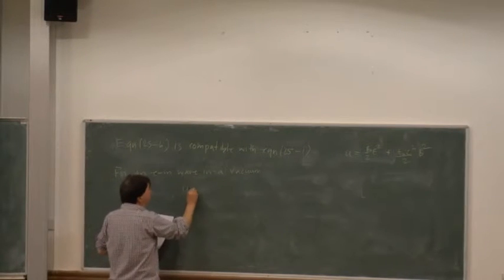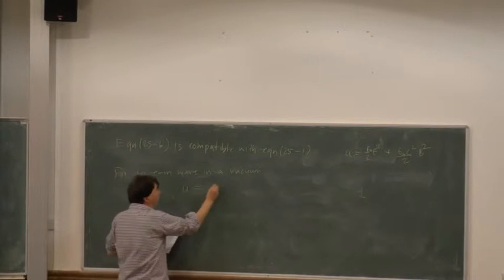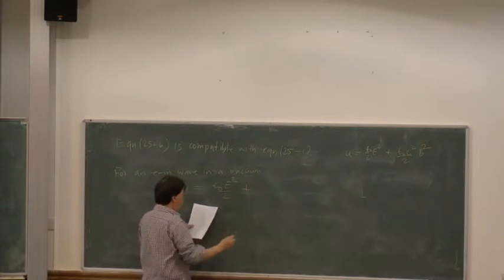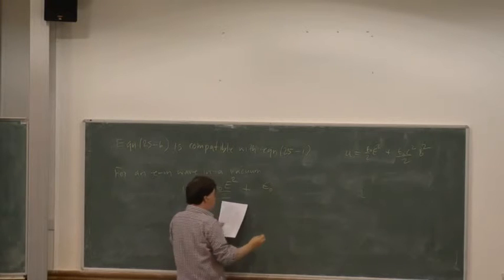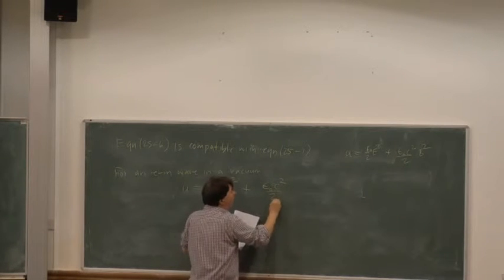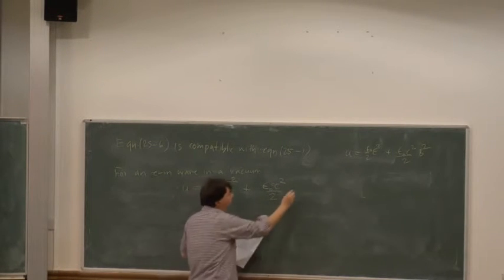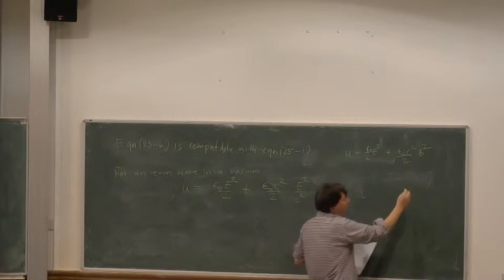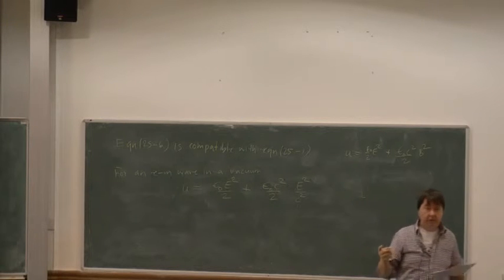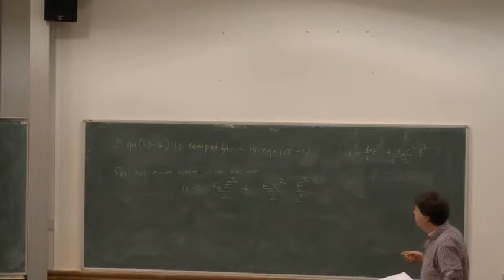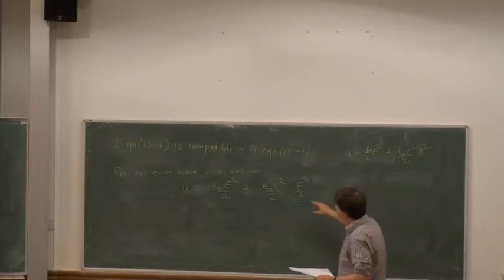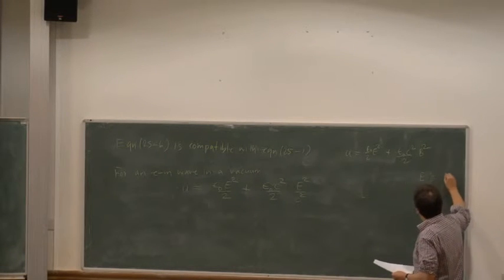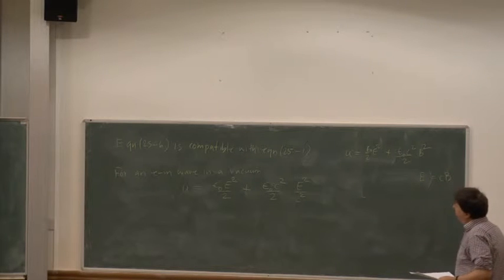The energy density is equal to epsilon naught E squared over 2 plus epsilon naught c squared B squared over 2, and now B squared is E squared over c squared. Again, this is only true for an EM wave in a vacuum. Don't make this manipulation in other circumstances, but for an EM wave in a vacuum, the electric field is c times the magnetic field.